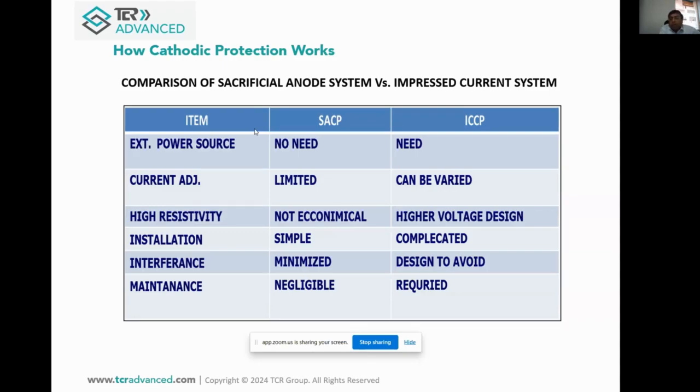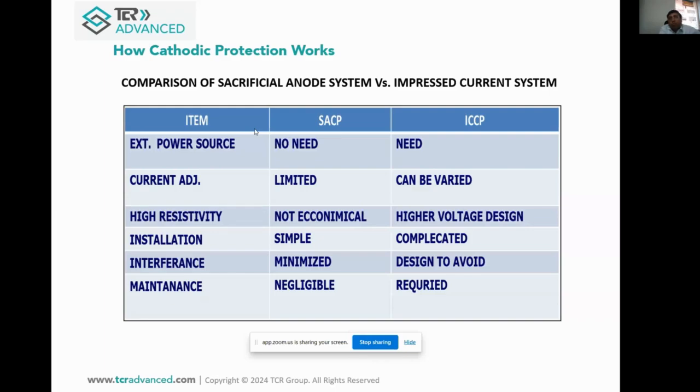But in ICCP, we can manage by providing higher voltage designs. Installation-wise, sacrificial anodes are always simple since it is a distributed type. But in ICCP, the installation is more complicated.